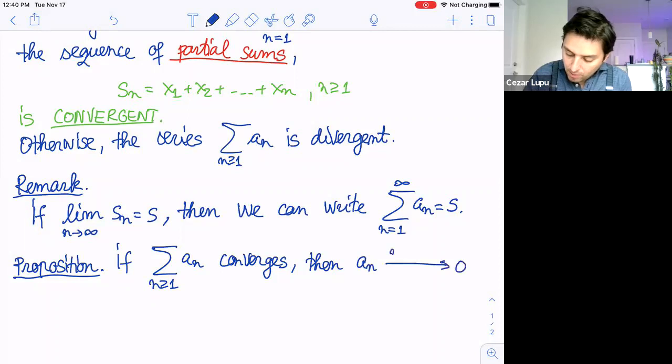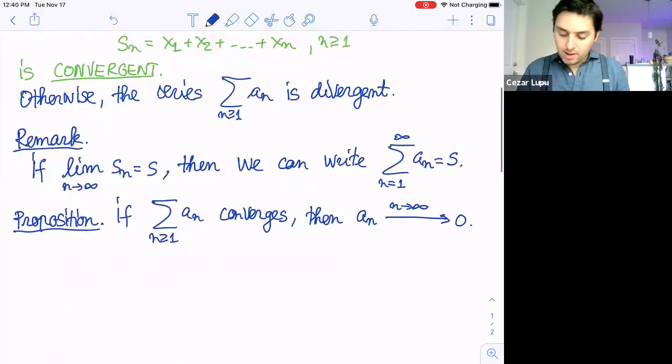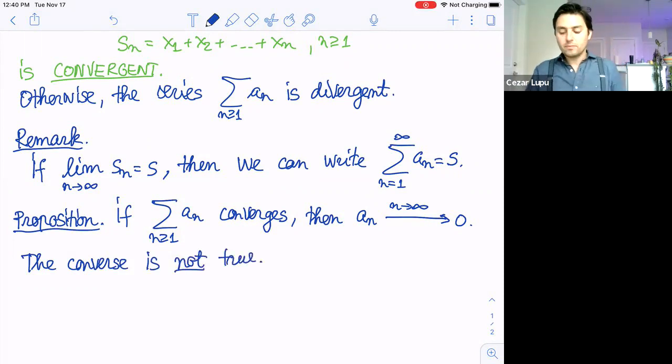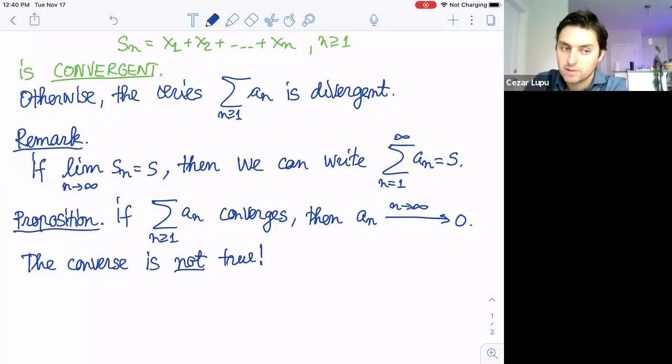Keep that in mind. This will always happen. And the converse is not true, and I will explain immediately why. In other words, if I have a sequence an that converges to 0, this does not imply that the series converges. Please do not make this mistake, because I've seen many people make this mistake. But I'm sure this is not the case for you.